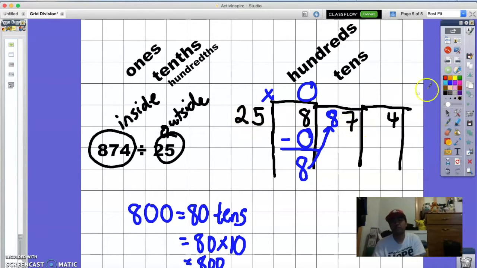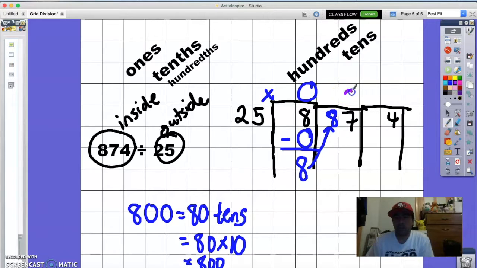Now how many 25s can go into 87? Well, I know how many 25s can go, but what if I did this a different way? What if I said, all I know is 2 times 25 is 50, because I know quarters. I know 2 quarters make 50 cents.